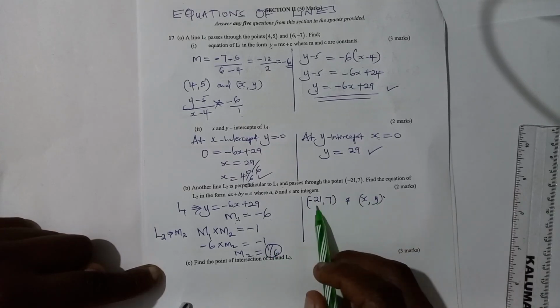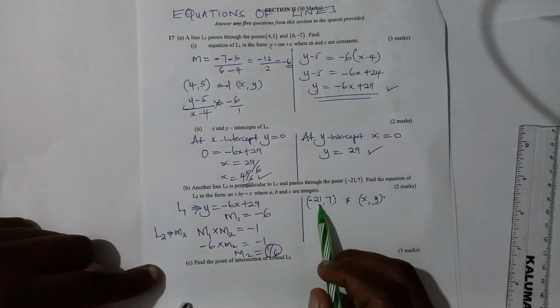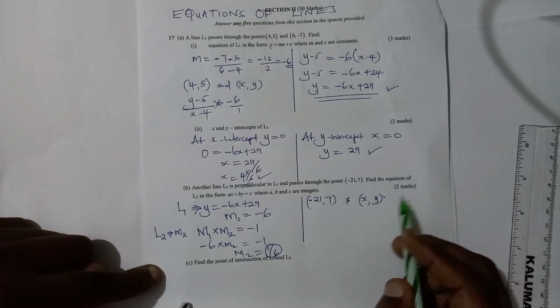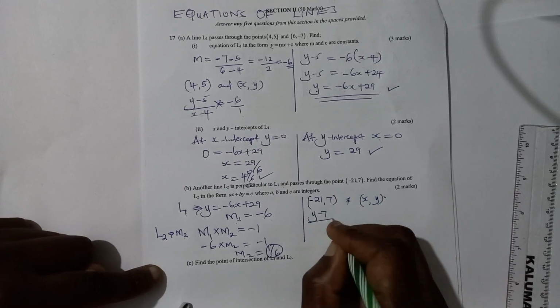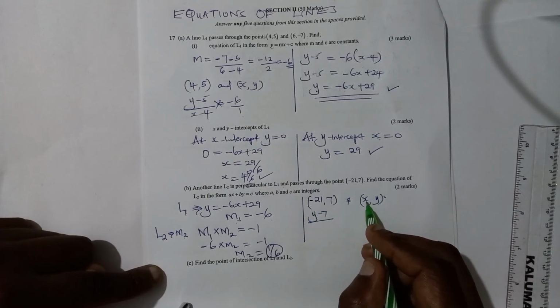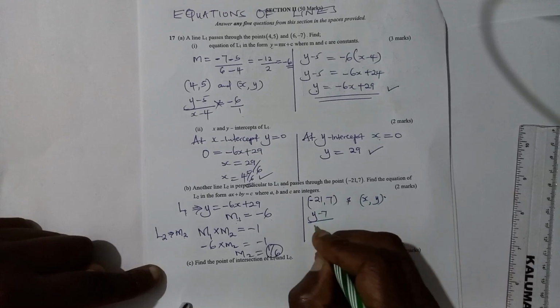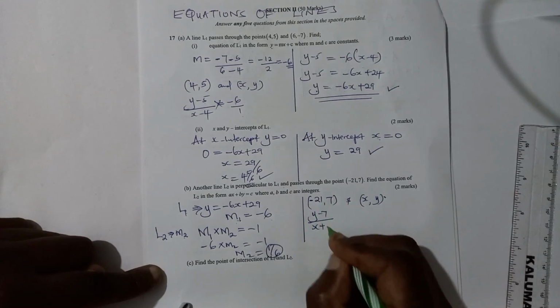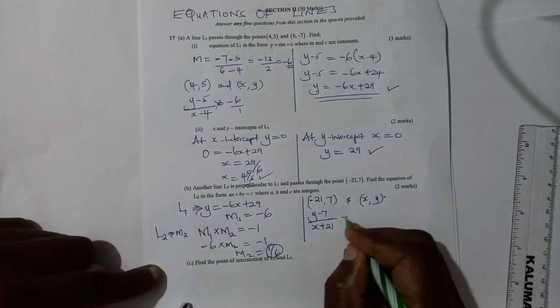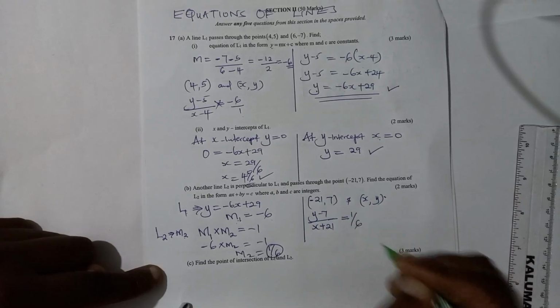So how do you get the gradient using these 2 points on L2? Change in y, which is y subtract 7, divided by change in x, which is x subtract -21, it will be x plus 21, be careful there, is equal to 1/6.